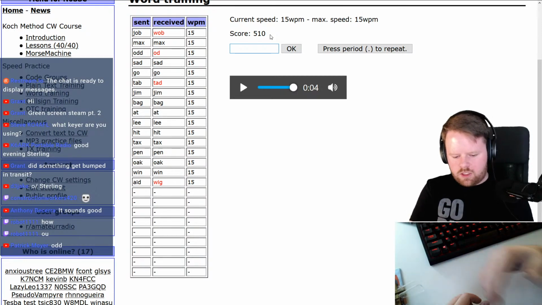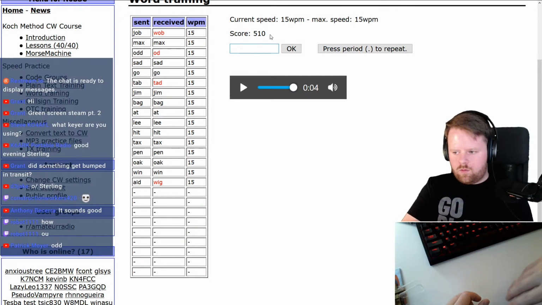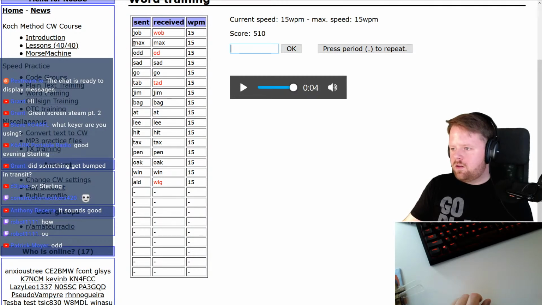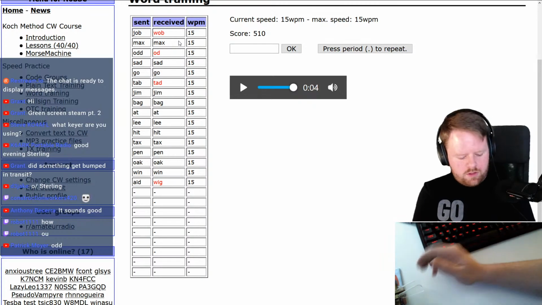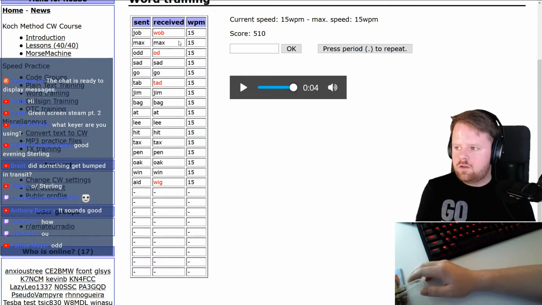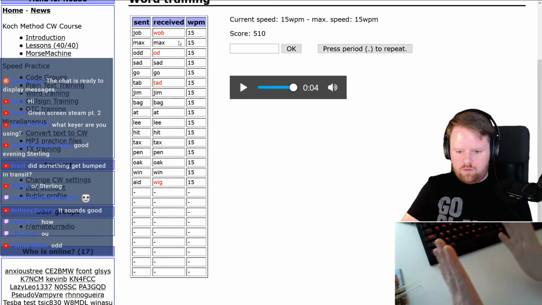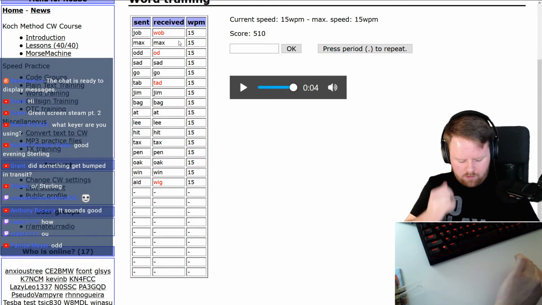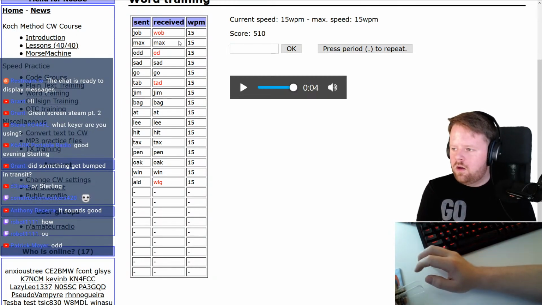If you're going very slow, you're more likely to hear letter by letter and then spell it out in your head, which has been my biggest challenge. People will start out in Farnsworth timing, which is very spaced out characters, which is okay. And as you get better, you decrease that spacing. That's how everyone learns.